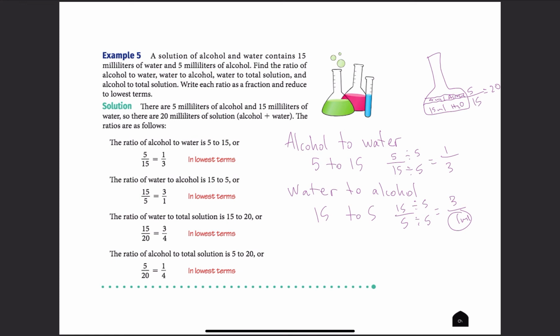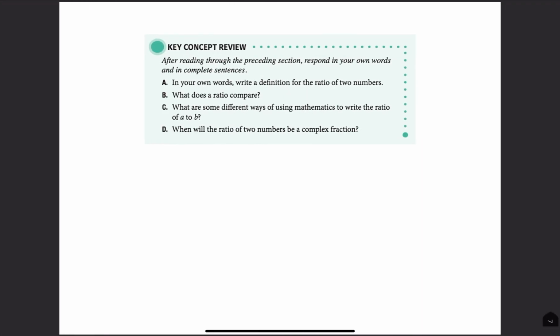And let's have a look at this review. In your own words, write a definition for the ratio of two numbers. Well, in a word, fraction. A ratio is the fraction of two numbers. So wherever you see ratio, you can read fraction.